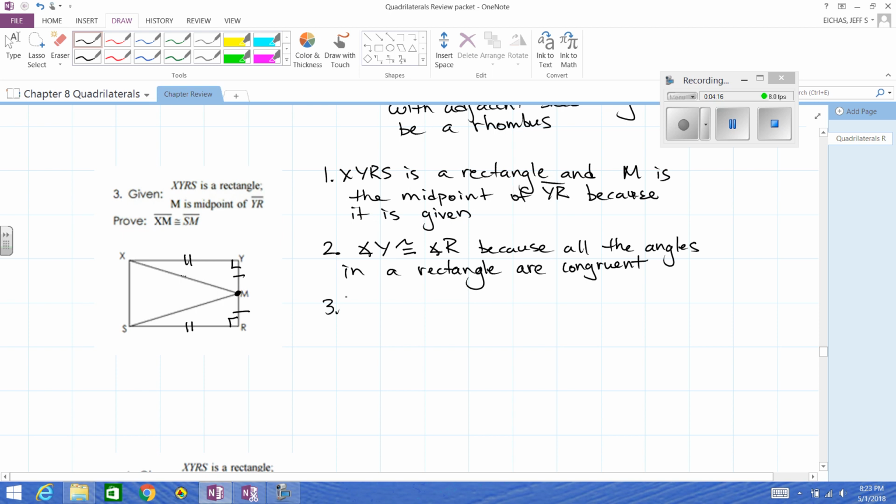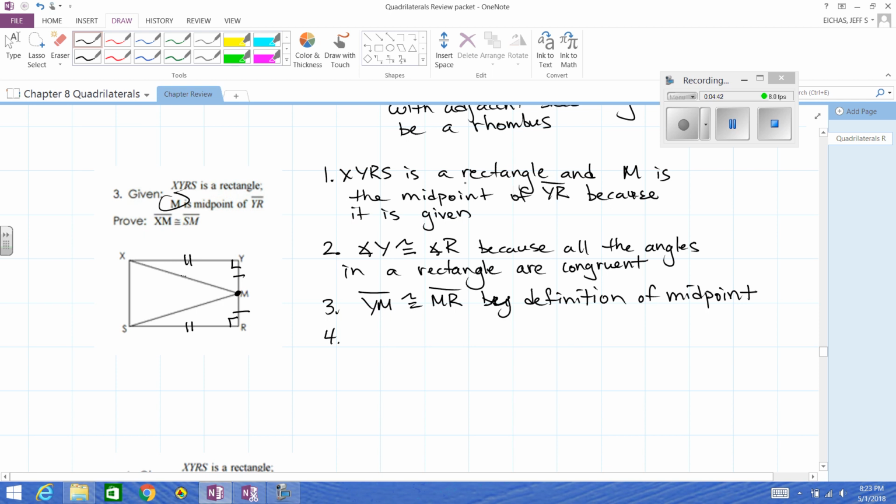I can jump right to that. YM is going to be congruent to MR by definition of midpoint. So that's why we marked YM congruent to RM, because they said M was the midpoint of YR.